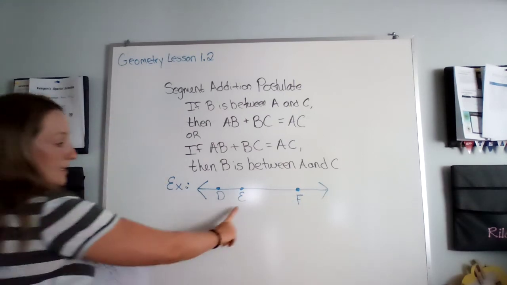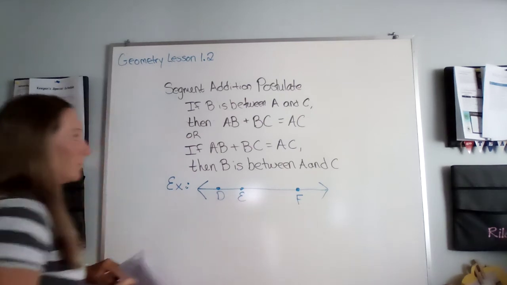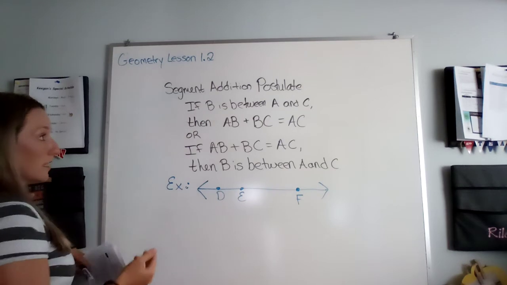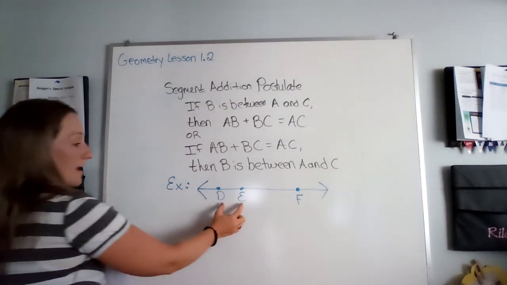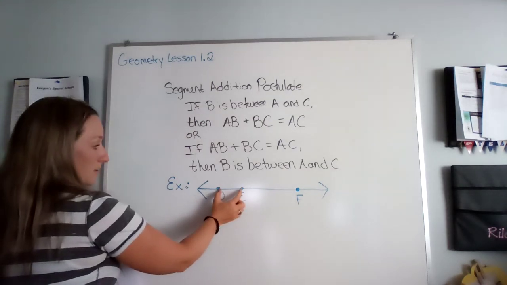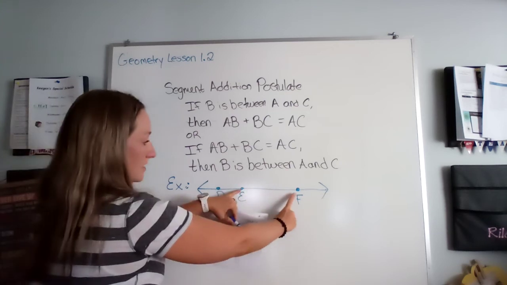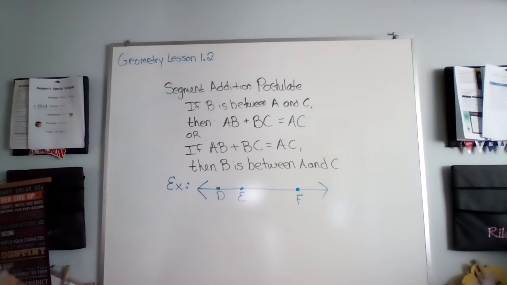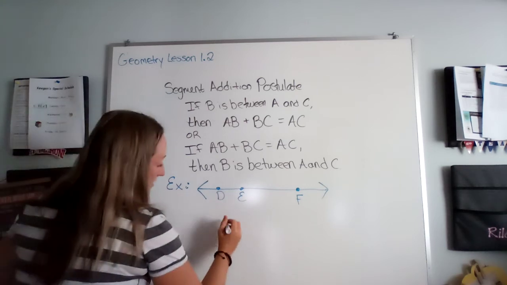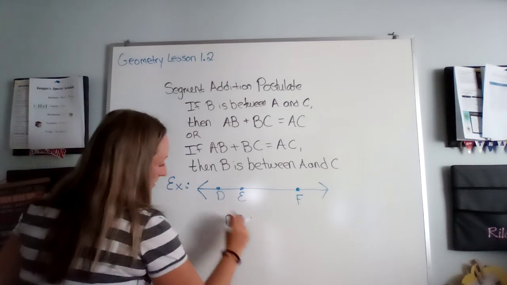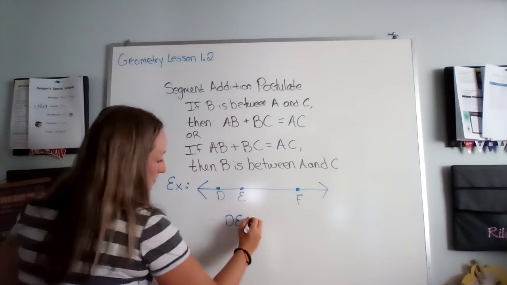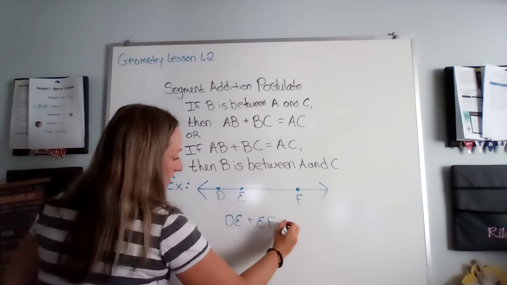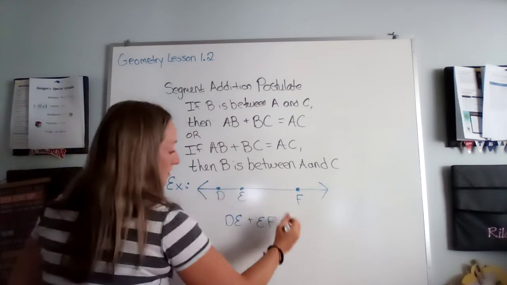Now, point E is between D and F. Okay, and this says that if you have a point between two other points, then this segment, DE, plus this segment, EF, is equal to the whole segment, DF. Okay, so you could say that DE, the distance from here to here, plus EF, the distance from E to F, is equal to the distance from D to F.